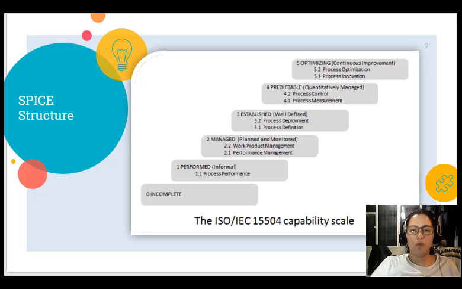This image shows the two dimensions, the process and the capability. The processes are defined at capability levels numbered from 0 to 5, where 0 describes an incomplete process, 1 a performed process, and so on, with 5 equating to an optimizing process.